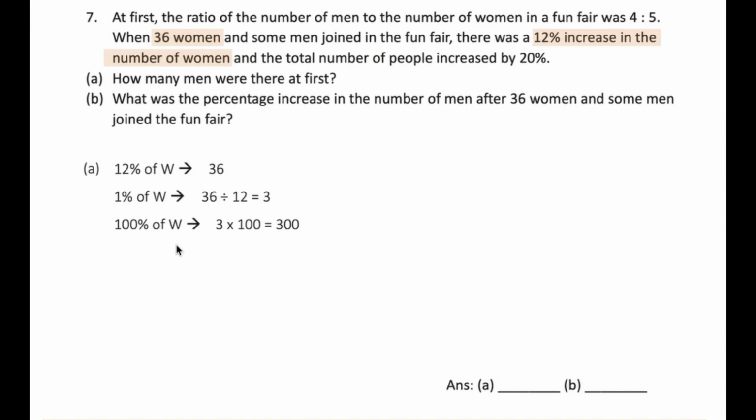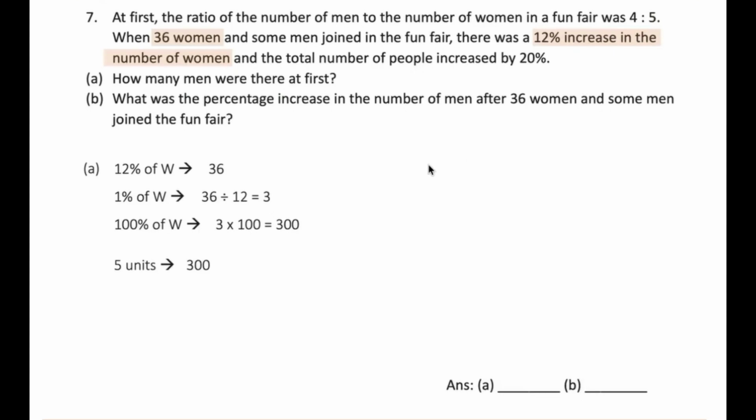Now, we know that all the women is 300. And we know also here that the men to women has a ratio of 4:5. We can equate 300 to 5 units here. See that? So 5 units is 300.